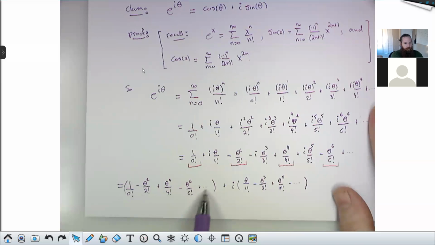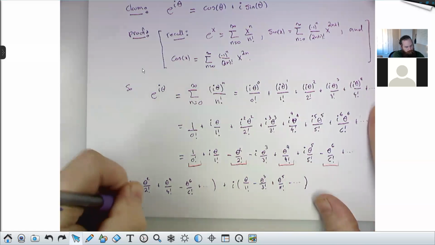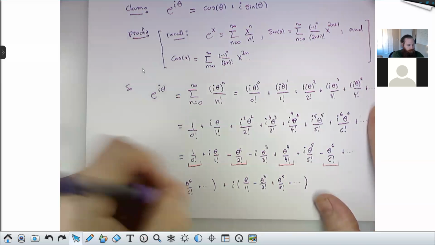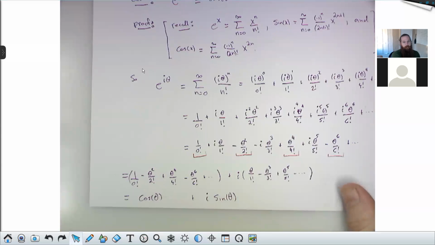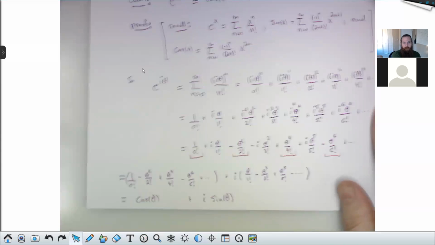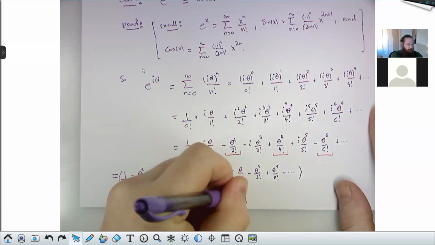This is the power series for cos theta. This is the power series for sine theta. So this really is cos theta plus i times sine theta. And that's it. That's the proof. So e to the i theta really is cos theta plus i times sine theta.